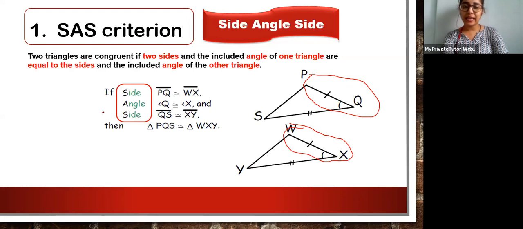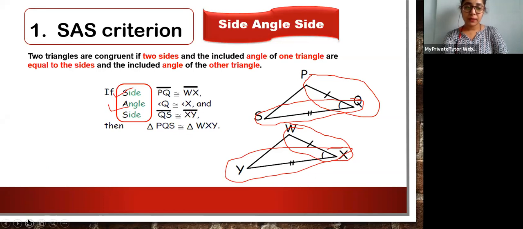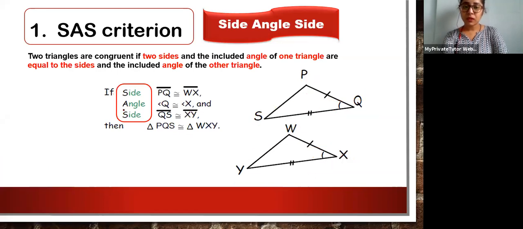So the side category is done. The angle category is also done. We need one more side. So you can see that QS and XY are congruent. Correct?